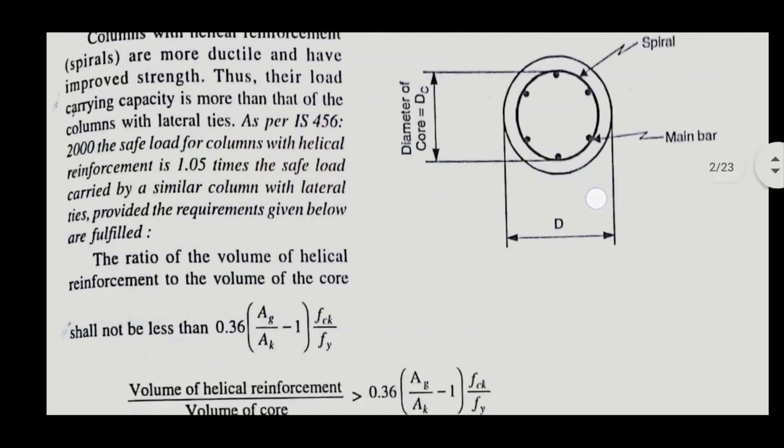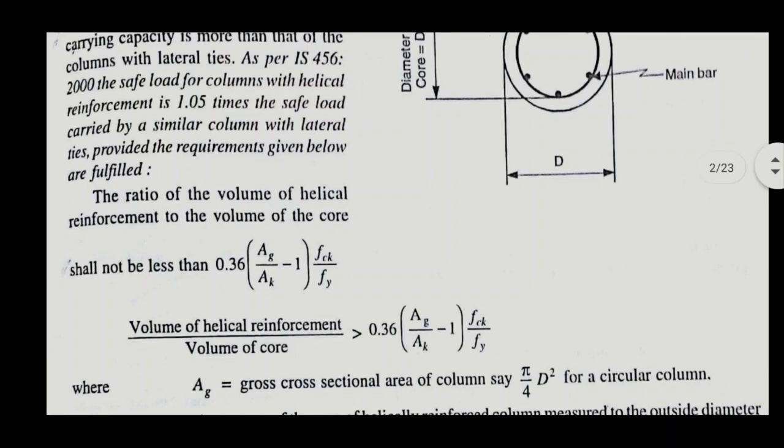whole diameter is denoted by capital D. Okay. Now, as per the consideration written in clause number 39.4.1, volume of helical reinforcement by volume of core should be greater than 0.36 into (Ag by Ak minus 1) into fck by fy.